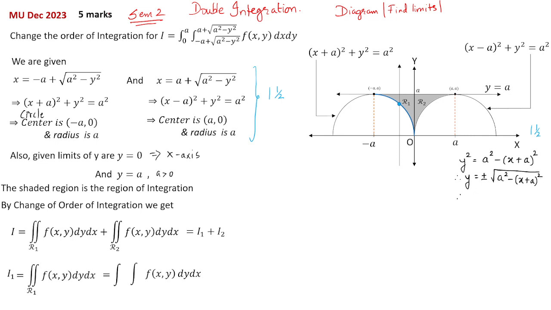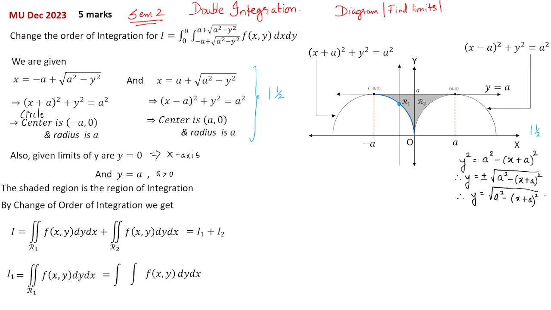Here y is equal to the positive square root, because y is above the x-axis, which means y values are always positive. So this is that semicircle under the blue arc that you can see. That blue quarter arc is represented by this equation.